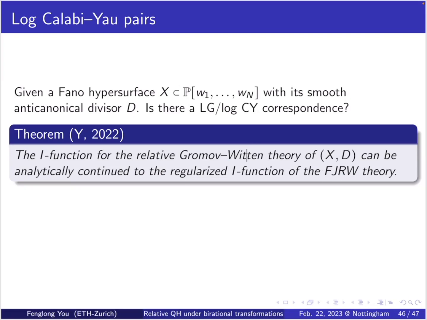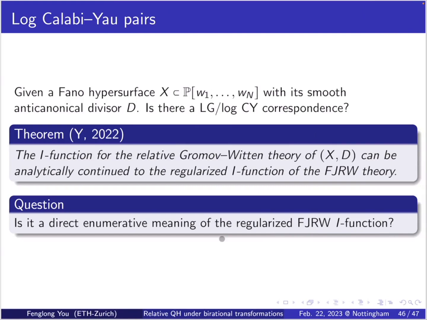Like in the case of the cubic extremal transition, the relative Gromov-Witten theory of the cubic surface is related to the FJRW theory of the cubic singularity. But we don't have an explanation for this regularized FJRW function yet, but there should be a Landau-Ginzburg/log-Calabi-Yau correspondence, and that's what we have here.